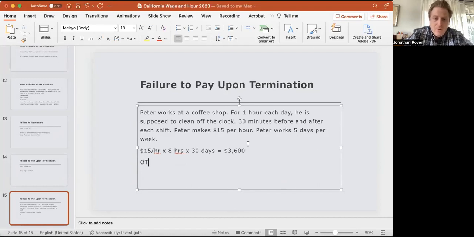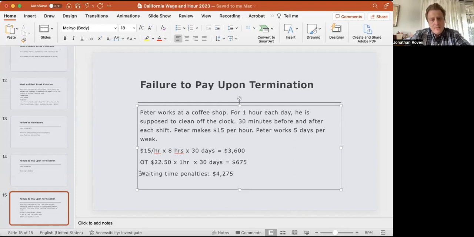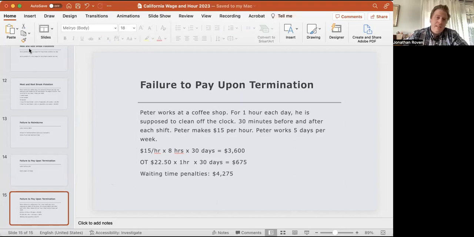But I'm going to add the overtime of $22.50 times 1 hour times 30 days, which is an extra $675. So I'm going to ask for $4,275 in waiting time penalties. That could be pretty significant for just not paying on the same day.